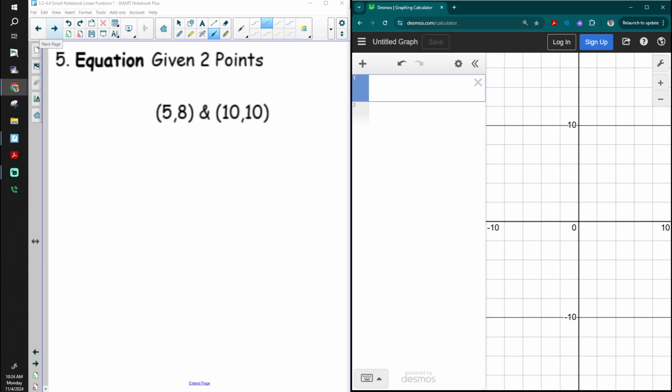We still have 2 points. It's going to have a lot of similarities to the problem we did earlier, which is 2 points, but we're going to write the actual equation. So, just like before, we see 2 points. The first thing we do is add a table and enter your points.